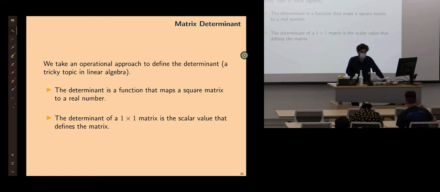When you say a square matrix, do you mean strictly a 2 by 2 matrix, or any n by n matrix? Any square matrix. The determinant is not defined for a rectangular matrix.